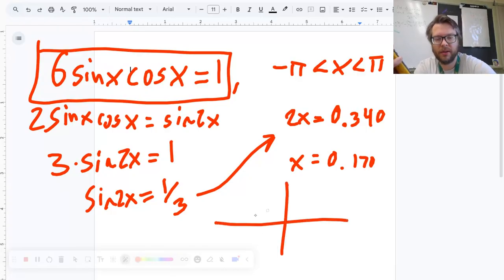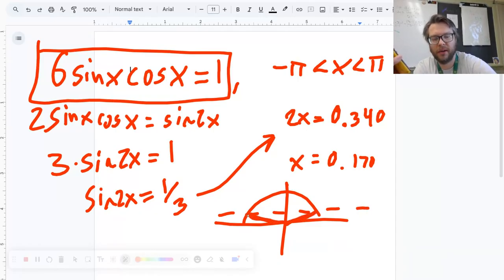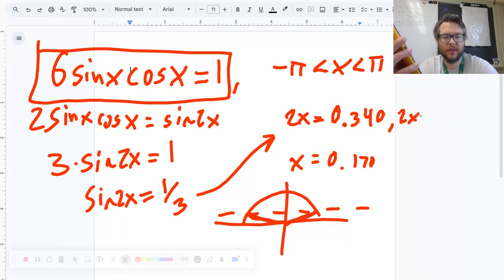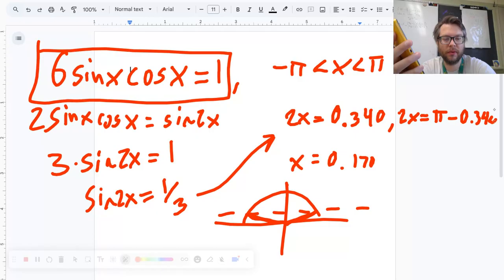If you think about on the unit circle, where sine is equal to 1/3, it's here, but it's also here, just like I talked about earlier. So my other answer is that 2x is equal to pi, because that's a half circle, minus 0.340.